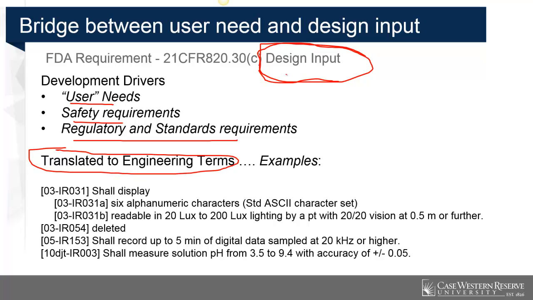So when I talk about design input, what I'm talking about is a series of statements that you put together, that you shall display 6 characters in a standard ASCII character set, that it's readable. Okay, these are very specific, and these kinds of specific details can emerge from a brainstorming session because let's just take, for instance, this idea, lighting by a patient with 20/20 vision at half a meter or further.